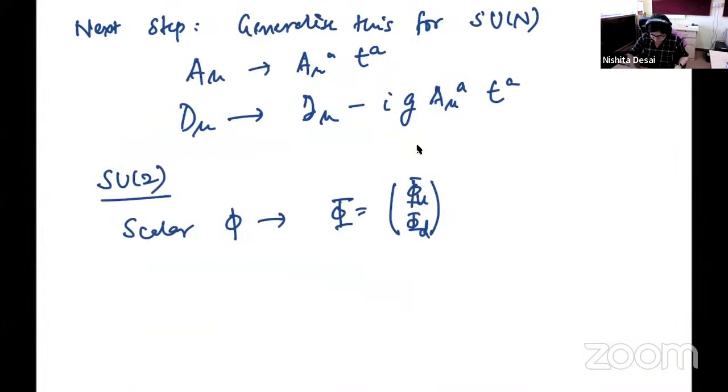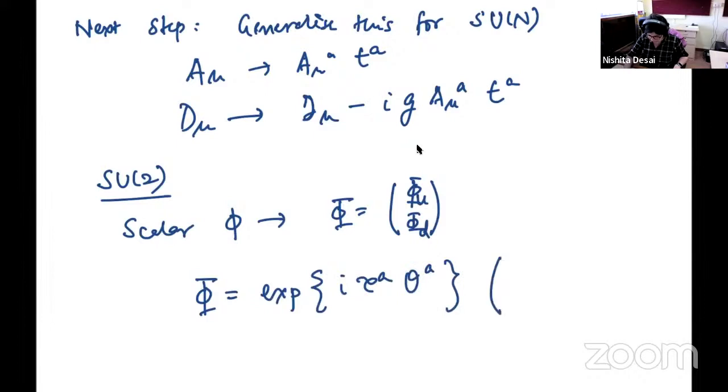So if you have any two-component vector like this, using this symmetry, you can essentially write your phi. This is doing the same thing that we did before, except now we are doing this for a two-component guy.